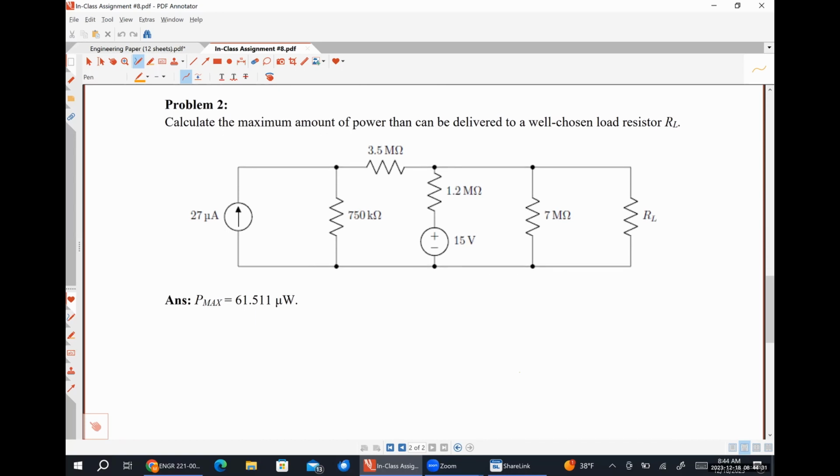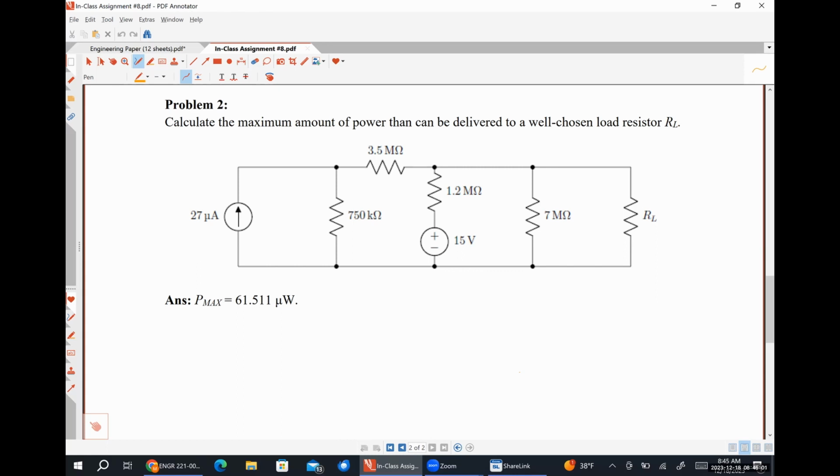So we're asked to calculate the maximum amount of power that can be delivered to a well-chosen load resistor RL. Just as a heads up, this is practically exactly how I phrase these maximum power transfer questions on the exam, which you'll see if you look at any of the practices. So we need to figure out what value RL will have, and then use that to calculate our maximum power transfer.